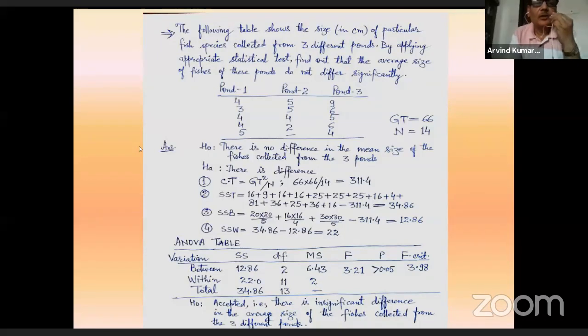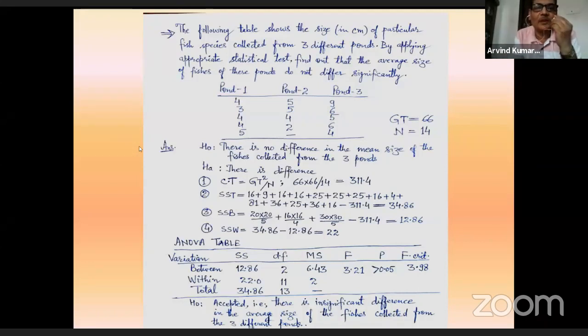Okay. So 3 ponds are there, and from these 3 ponds, suppose a particular species of fish which is quite small in size is being collected, and 5 fishes were collected from pond 1, 4 from pond 2, and again 5 from pond 3. The number could be the same; from all the 3 ponds, one may collect the same number of fishes.